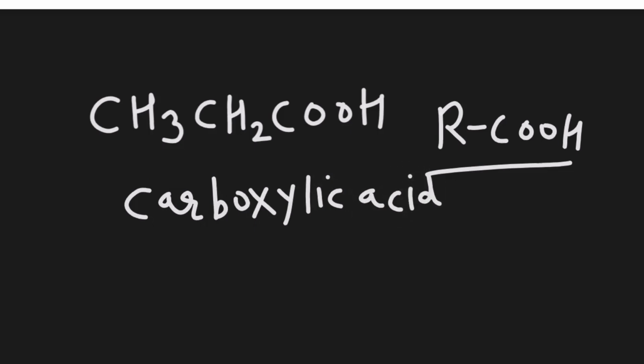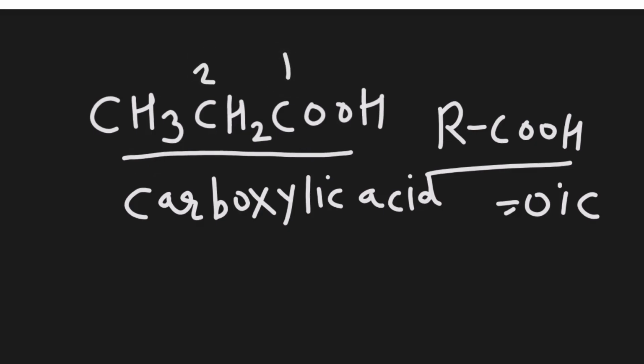And for carboxylic acid, we use the suffix oic. And this specific structure has 3 carbons, 1, 2, 3. That's why we simply named it as propanoic acid.